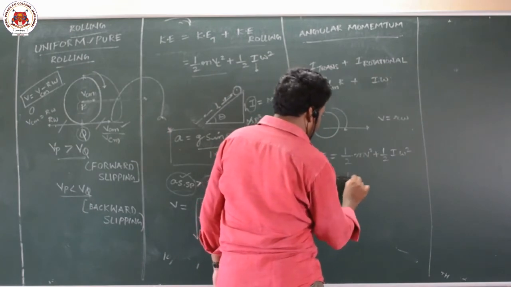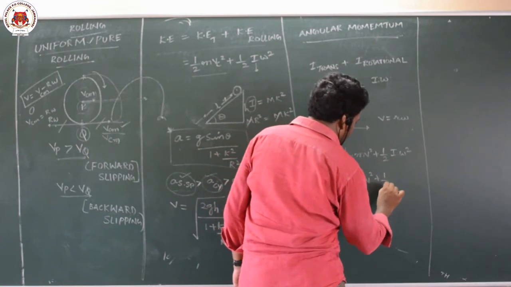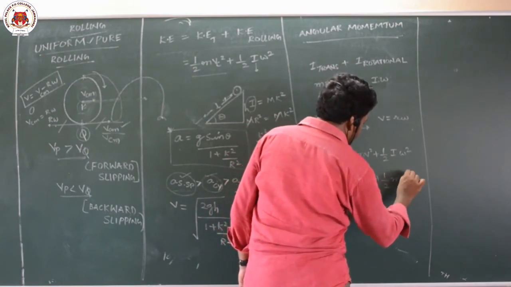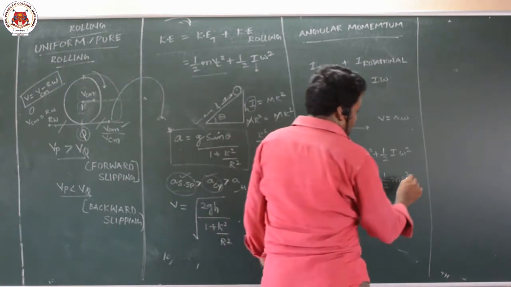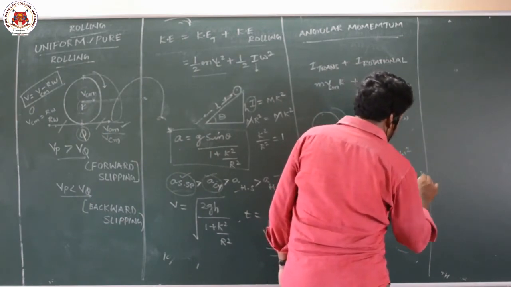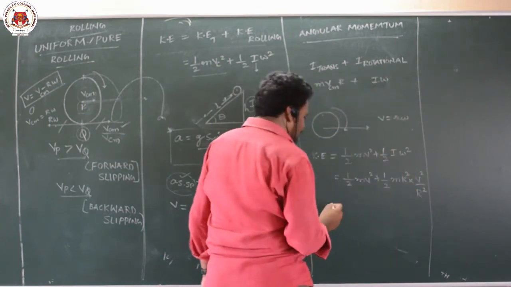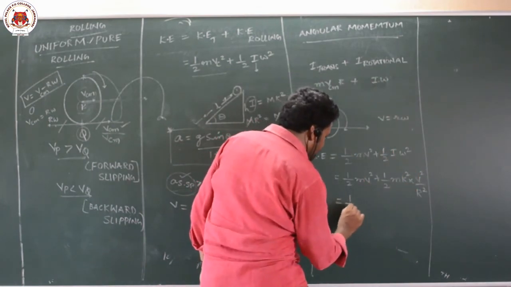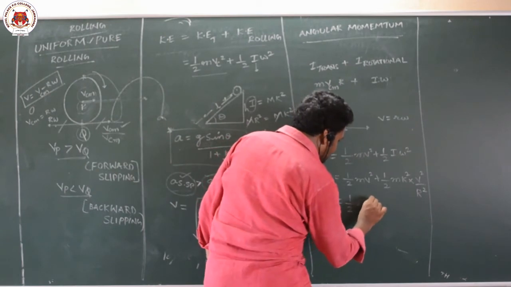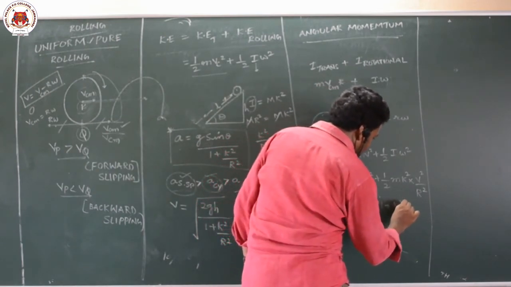So that is half mv square plus half mk square into v square by r square. Here you can take half mv square common, into 1 plus k square by r square.